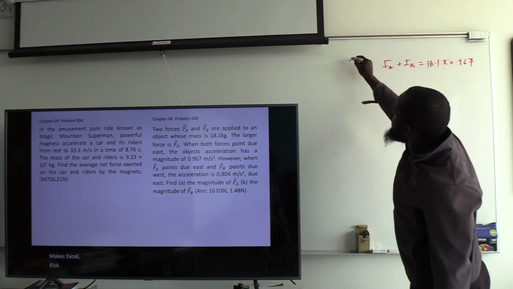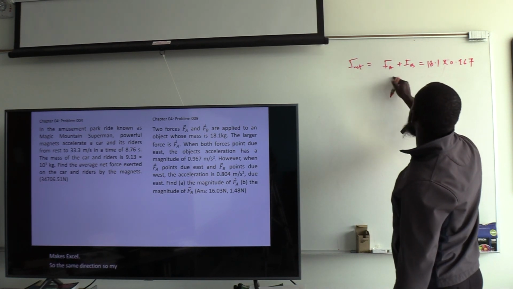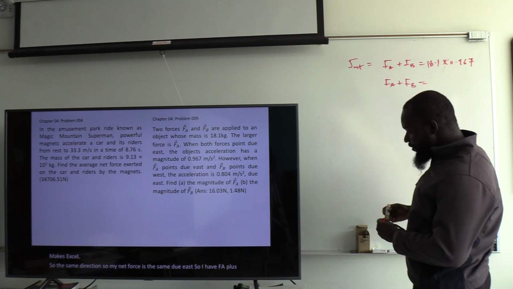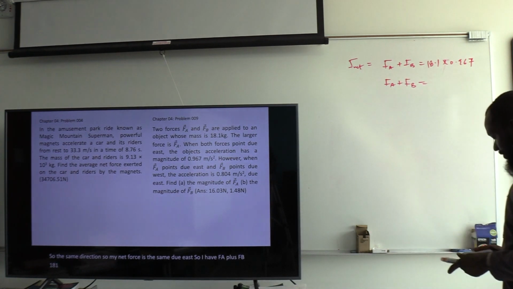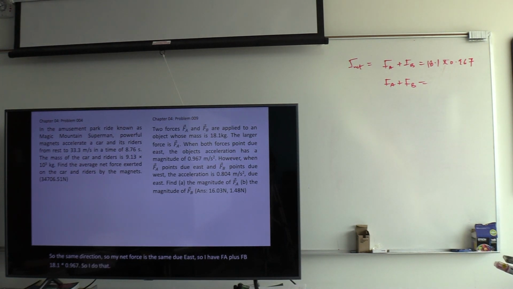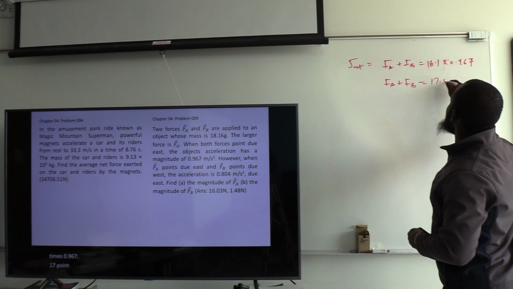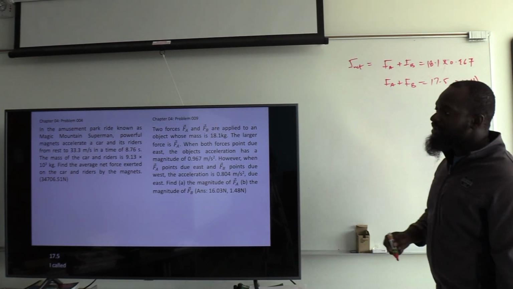So they're in the same direction, so my net force is the same due east. So I have Fa plus Fb equals 18.1 times 0.967. So I do that. 17.5. I call this equation 1. Then I continue my problem.